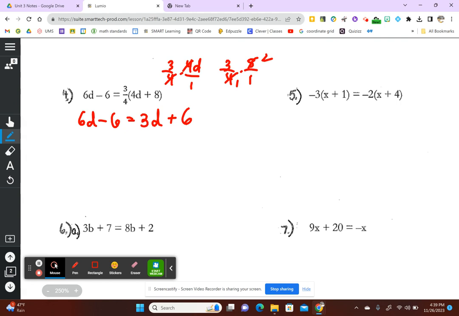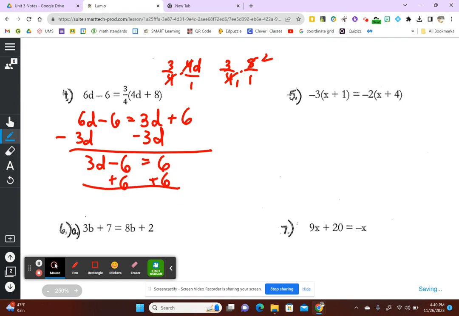I can either subtract 6d from both sides, or I can subtract 3d from both sides. I'm going to subtract 3d from both sides, and I get 3d minus 6 equals 6. Then I'm going to add 6 to both sides, and I get 3d equals 12. Divide by 3, d equals 4.